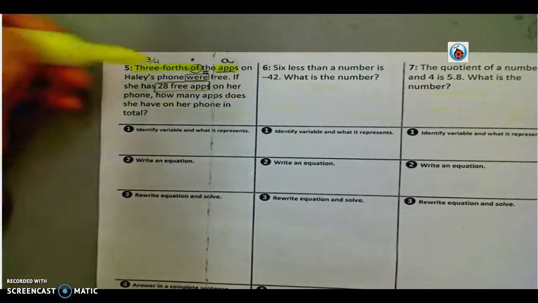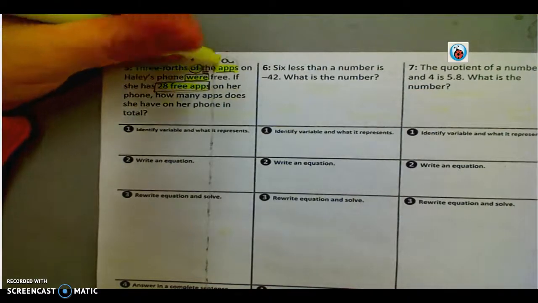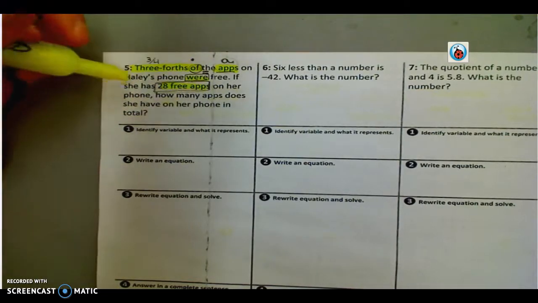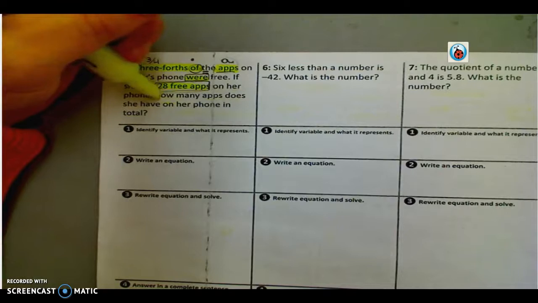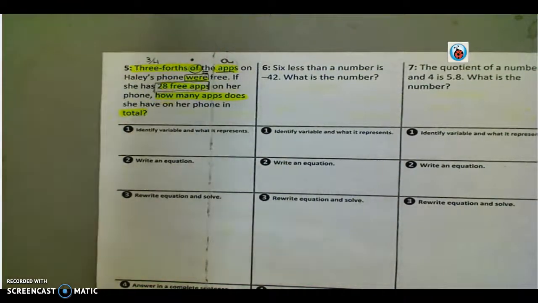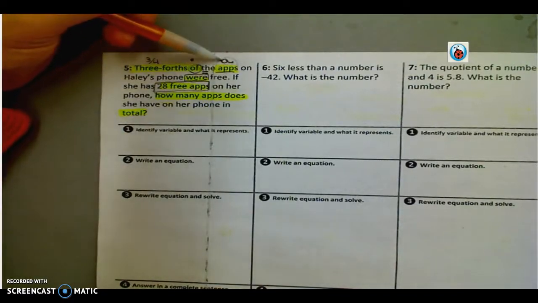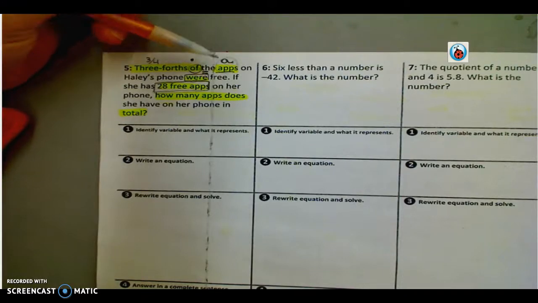Okay? So that is building our equation right there. We got a keyword there. So we have 3/4 of, and as I'm going through, I can already see an equation forming. So here's the question. How many apps does she have on her phone in total? Well, again, if we go back, we can already see that we have a variable set up for how many apps we're looking for.